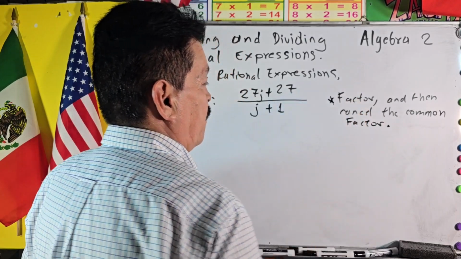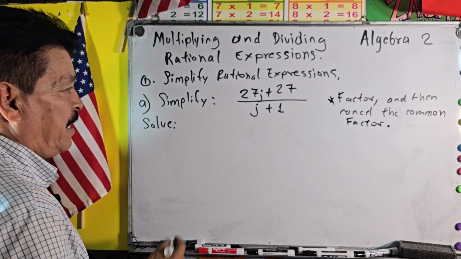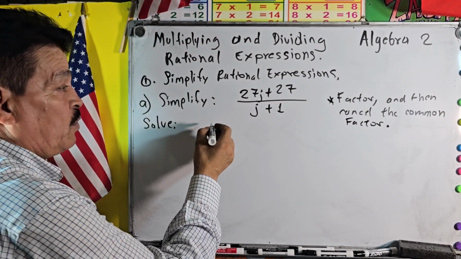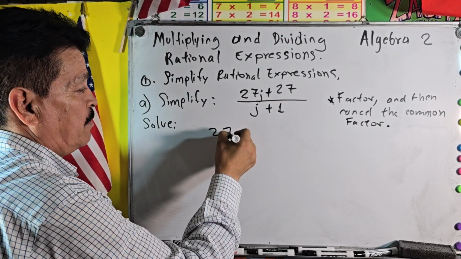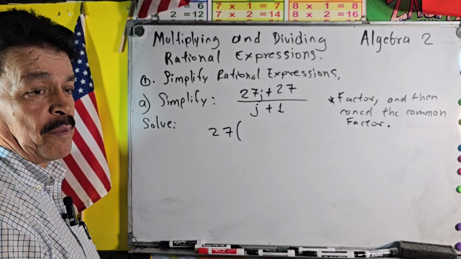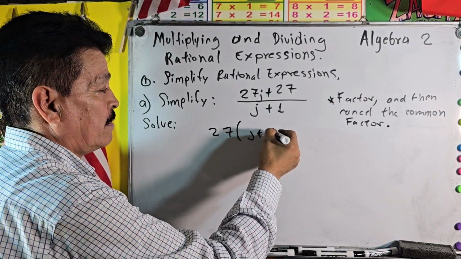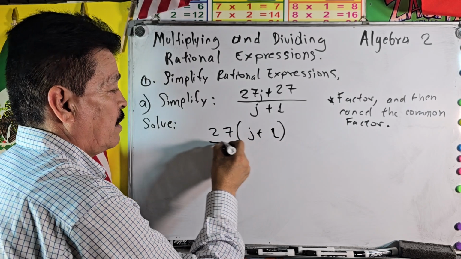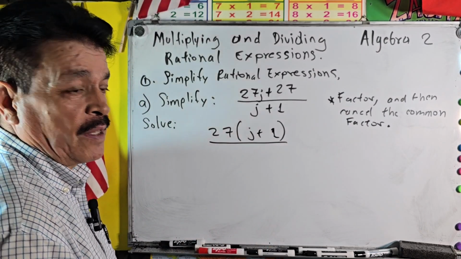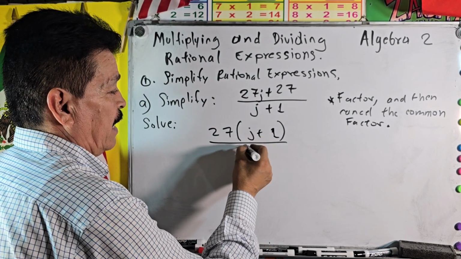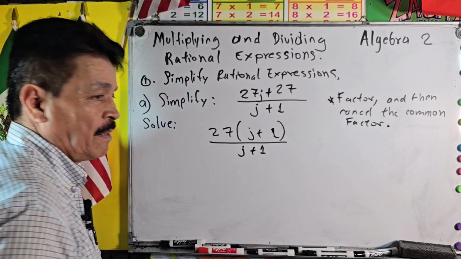So here we will have 27 times j plus 1 on top, and in the bottom you write j plus 1.